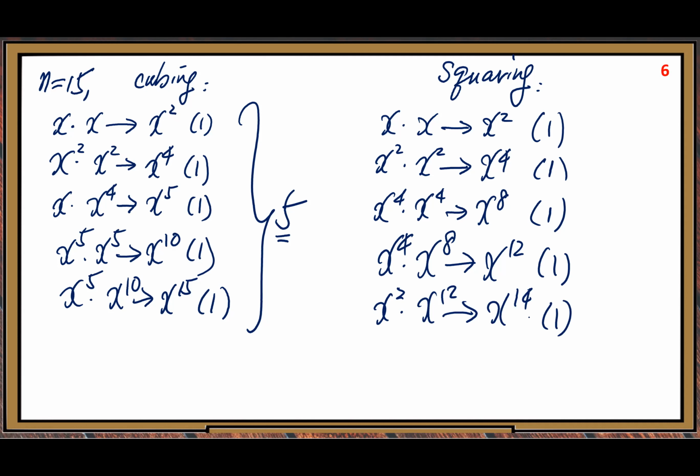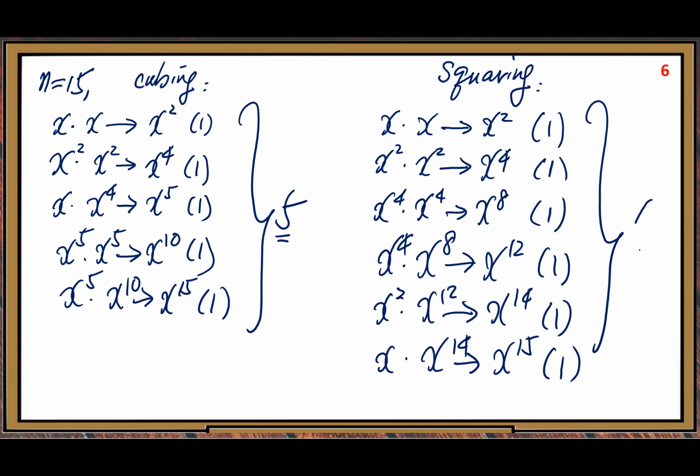Another one. But we need one more: x times x to the 14th, x to the 15th. So in total, you can see we need 6 multiplications. Look at that. Can we do better? I think that's the best we can do using repeated squaring.